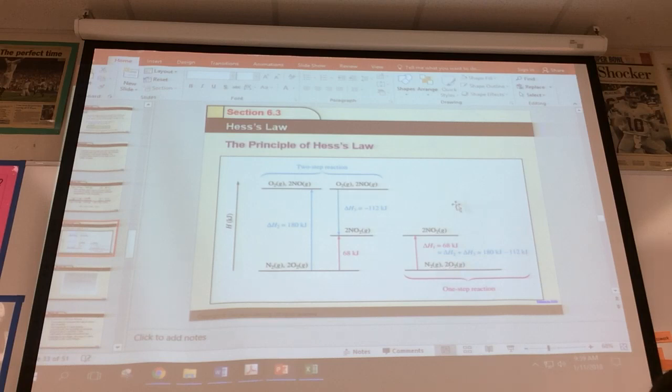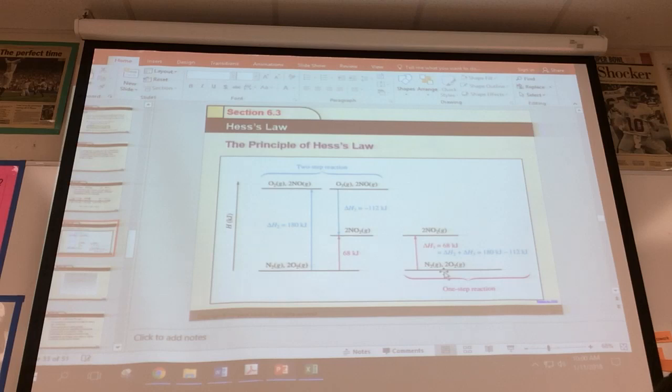If you were reacting nitrogen gas and oxygen gas, you would generate nitrogen dioxide. If you had the delta H's of formation of all of them, you could do 2 times this one minus the sum of these delta H's of formation.